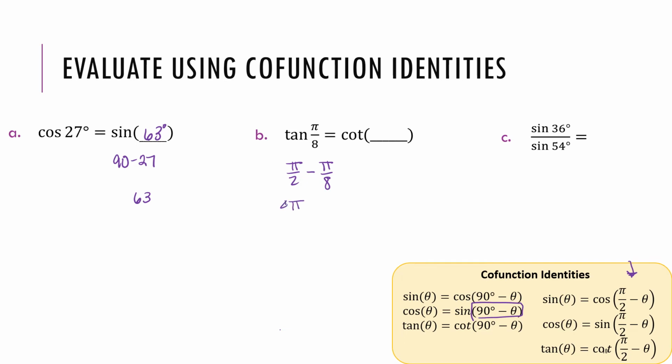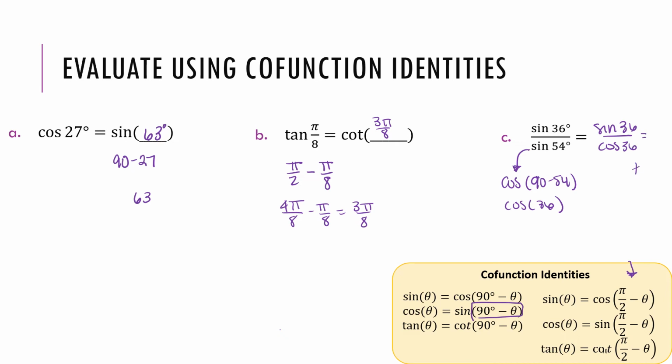So I need a common denominator, and I get 3 pi over 8. So this doesn't seem that useful, right? But watch what happens with this next one, and it doesn't matter if you choose the numerator or the denominator. If I change my denominator to cosine of 90 minus 54, I get cosine of 36. So sine 36 over cosine 36 is equal to tangent 36. How about that? Now I have one trig function instead of 2 in my equation.